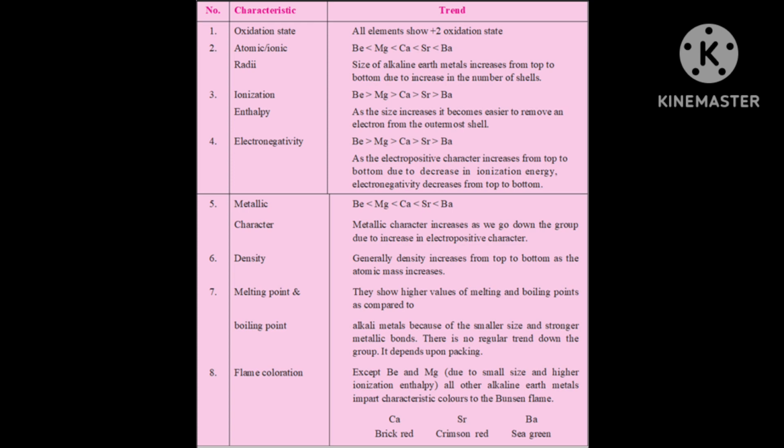Beryllium density is 1.84, roughly 2. Magnesium is 1.74, calcium is 1.55, and strontium is 2.63, which means more than 2, double that of water, 2.5 times greater, you can understand.